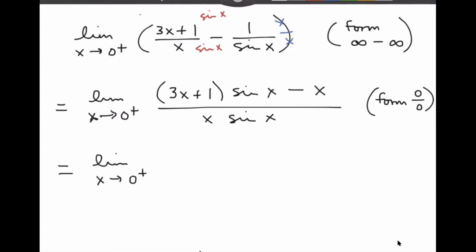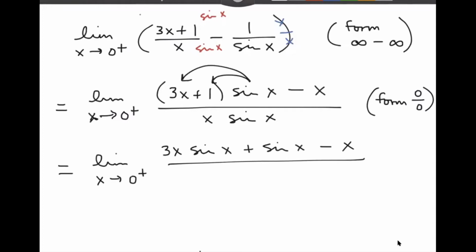If we distribute that sine x, we have 3x sine x plus sine x minus x on top, and on the bottom, we have x sine x. So I have a feeling that it might be a good idea to break this into 3 separate terms and see what that does.